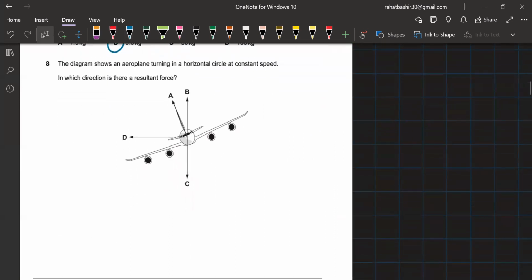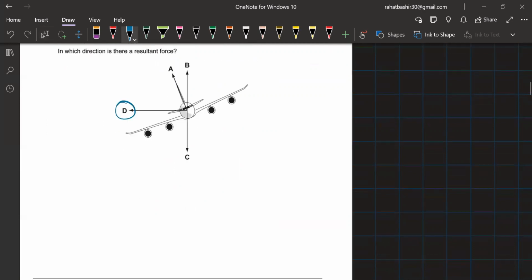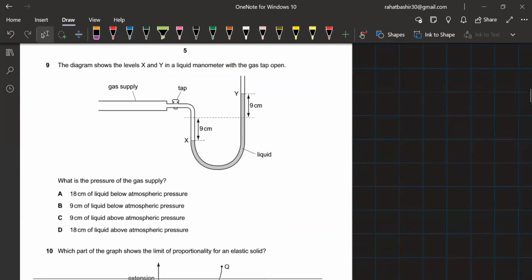The diagram shows an aeroplane turning in a horizontal circle at a constant speed. In which direction is the resultant force? So it is always inwards. Question number 9. The diagram shows the levels x and y in a liquid manometer with the gas tap open. So here's the manometer and all the units and the magnitudes are given.